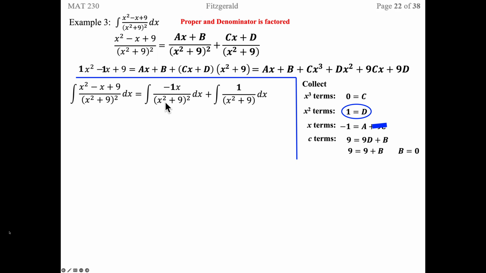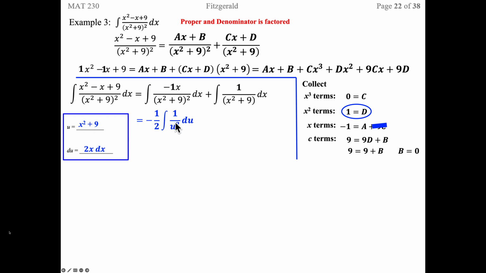So here we can do a u sub. All right, x squared plus 9 can be your u. The derivative is 2x dx. Well, we got an x term, that's good. All we have to do is divide over the 2, and that will give me 1/2, and multiply to the negative 1 out front, negative 1/2.